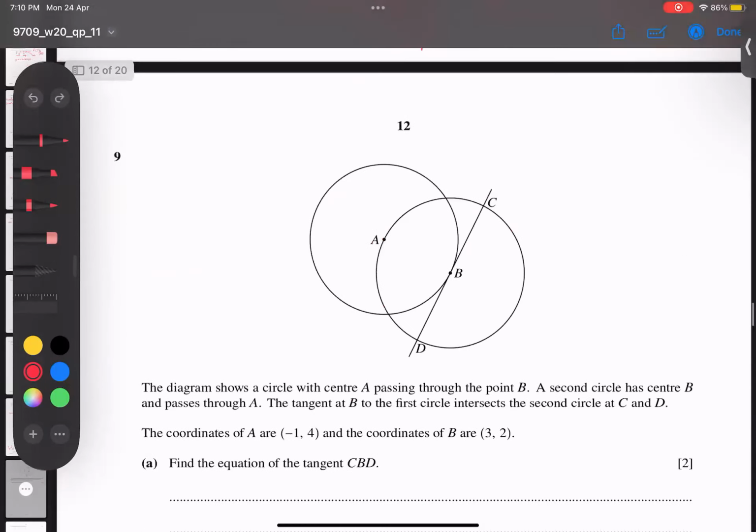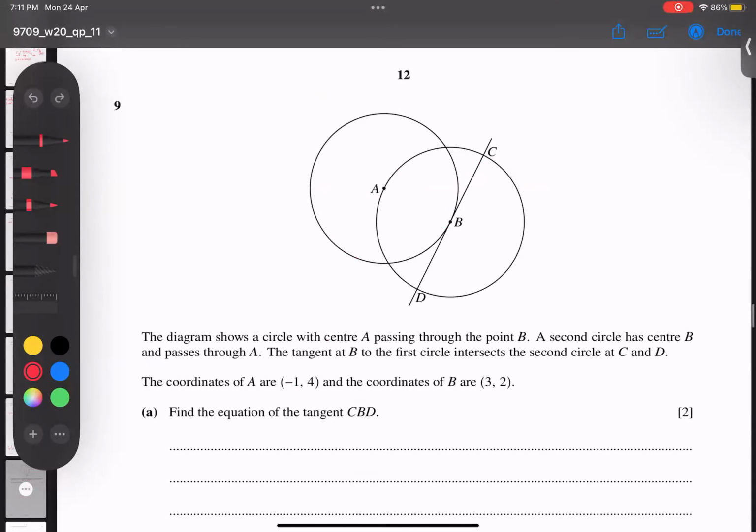Next question is number 9. What is question number 9 saying here? It mentions a circle with center A passes through B, which means both lie on the circumference.